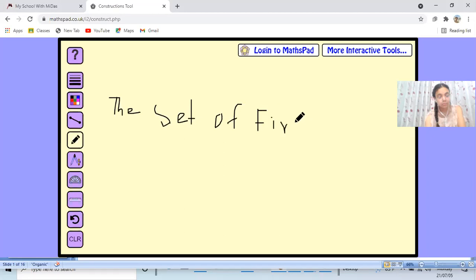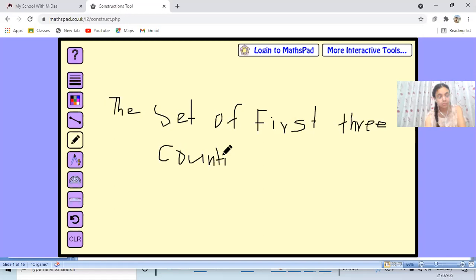Is this well defined or not, children? Yes, sir. Why is it well defined? The set of first three natural numbers, or counting numbers, is well defined because we can tell its elements.